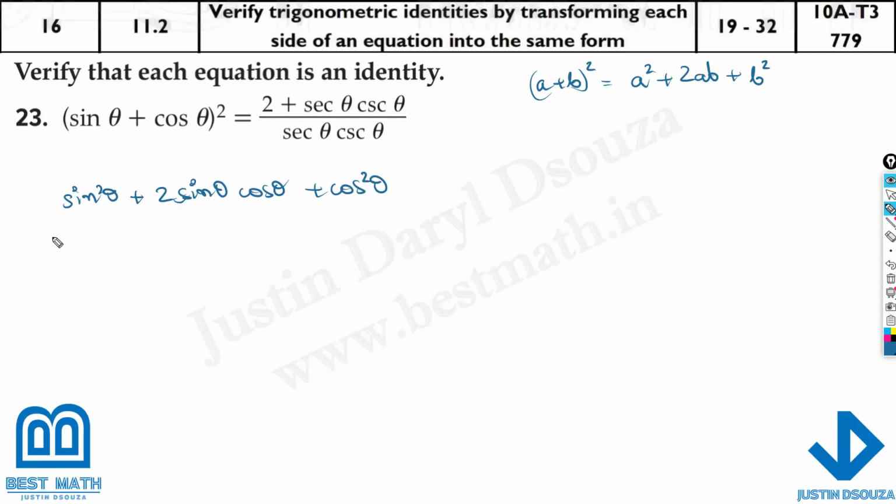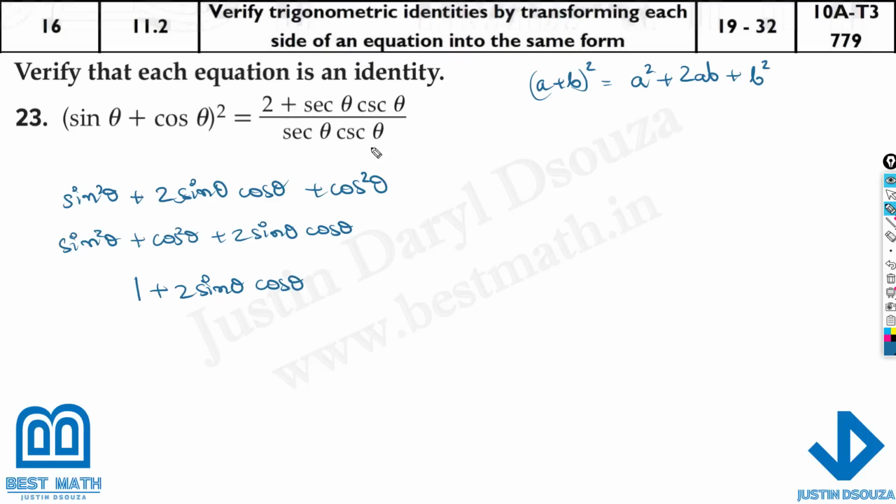What is sine squared plus cosine squared? It's 1, right? See, if I write this up together, sine squared theta plus cosine squared theta plus 2 sine theta cosine theta. Here this becomes 1 plus 2 sine theta cosine theta. So this is the simplified version of the left side.